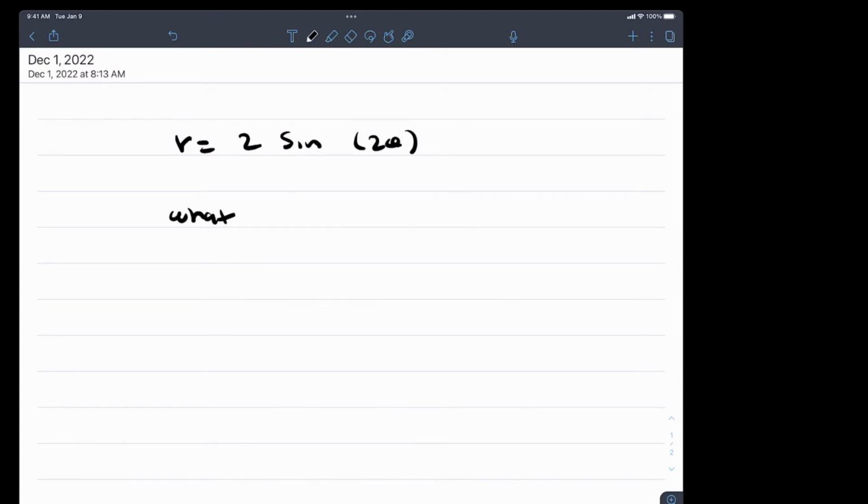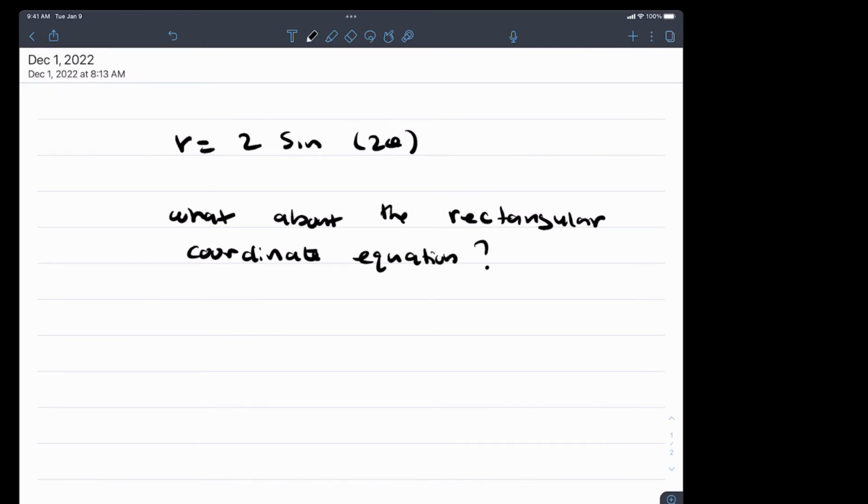What about the Cartesian coordinate, rectangular coordinate version, equation? So the rectangular coordinate equation, right? You guys remember that? We can do that here.